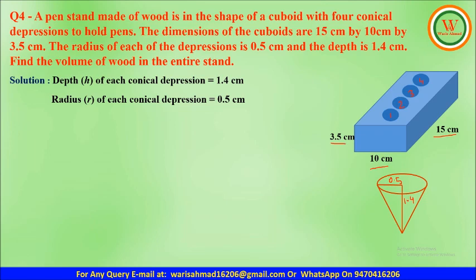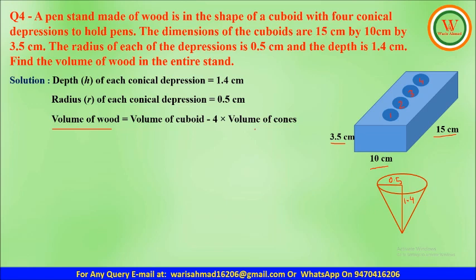For this, we have to write the expression: volume of wood will be equal to volume of cuboid minus 4 into volume of cone. It means if we subtract all the 4 depressions from the cuboid, then we can get the volume of wood required to make this pen holder.